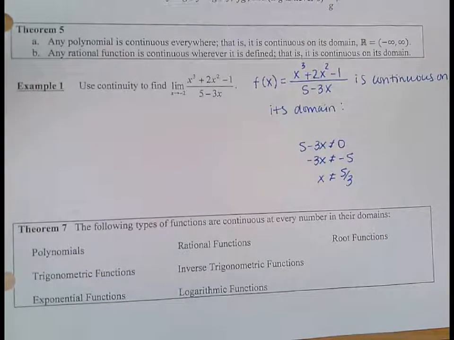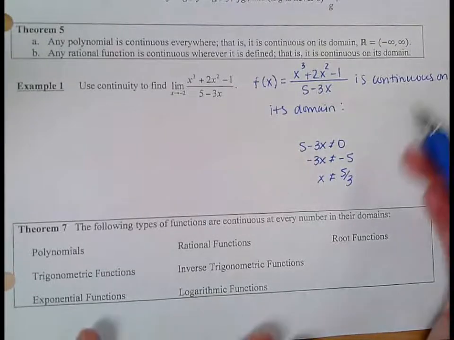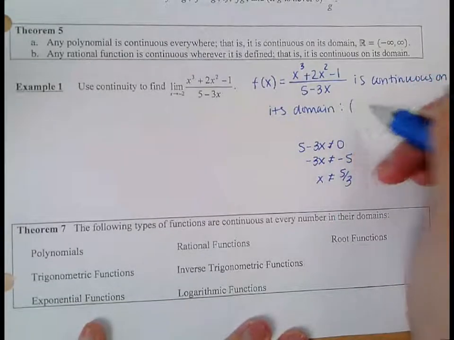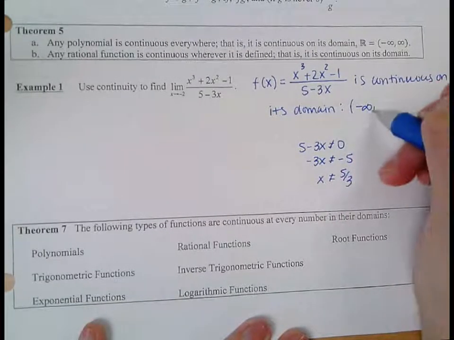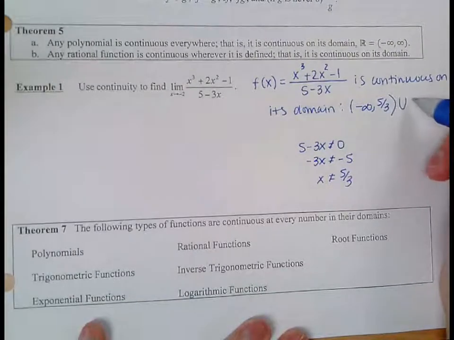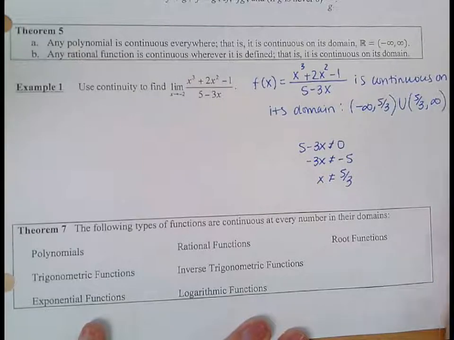Meaning this function is continuous everywhere except when x is equal to 5/3. So I could write that in interval notation as the intervals from negative infinity to 5/3, not included, union the interval 5/3 to infinity.